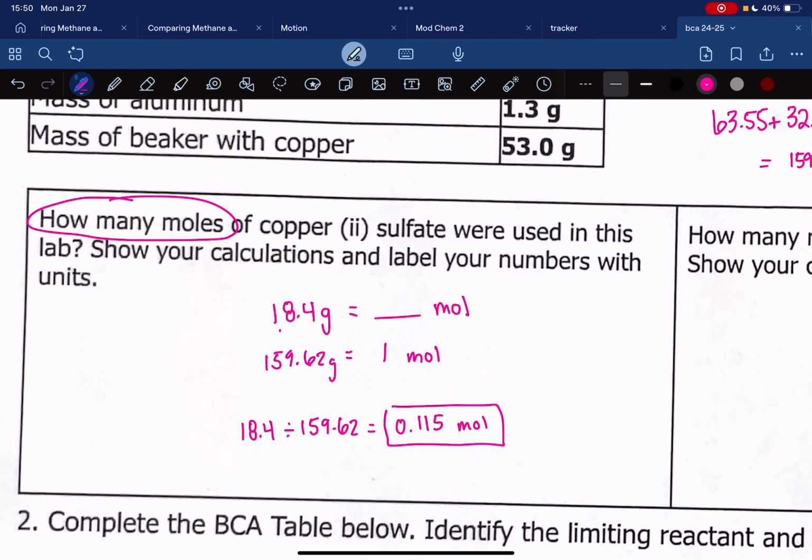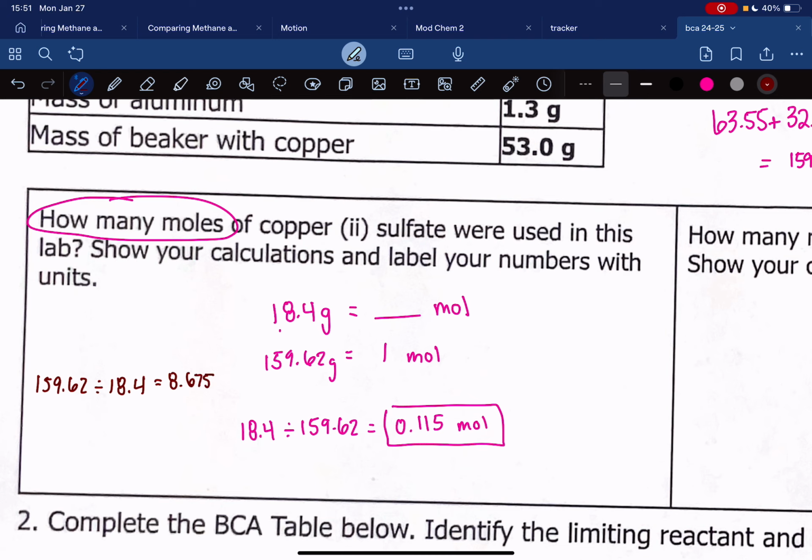Now, just to prove to you or explain to you how I knew to divide my smaller number by my bigger number, let's see what would happen if I divided the other way. If I did 159.62 divided by 18.4, I got 8.675.